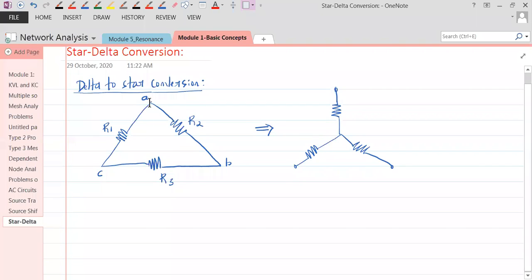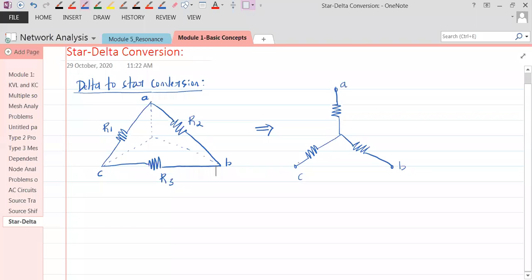R1 is between the two points A, C, R2 is between A and B, R3 is between B and C. Now see here, this is A, B, C. Suppose we have a delta network, we can get a star. The dotted lines I'm showing, that's a star network.